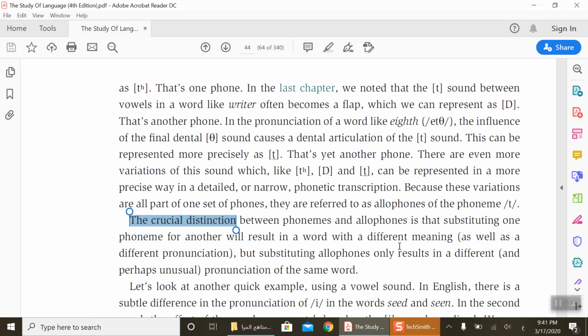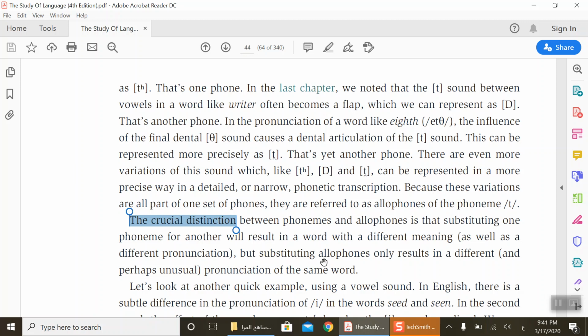When we say, for example, far and bar, we have different meaning as well as different pronunciation. And if we change bar and tar, different words, different meanings, different pronunciation.